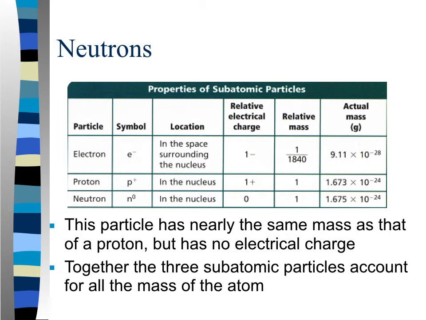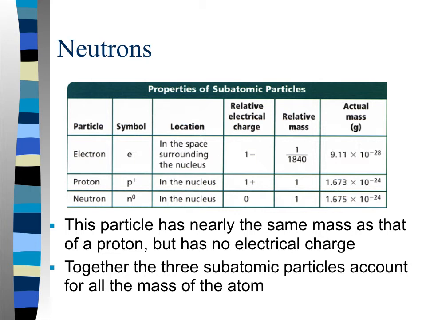So you see that the electron is negative, it has a negative charge and has a relative mass of 1/1,840th. The actual mass, 9 times 10 to the -28. The proton, positive 1, a relative mass of 1, an actual mass of 1.673 times 10 to the -24th, and a neutron, which has no charge, a relative mass of 1, and an actual mass of 1.675 times 10 to the -24th.